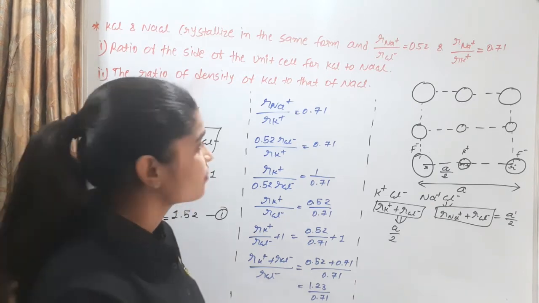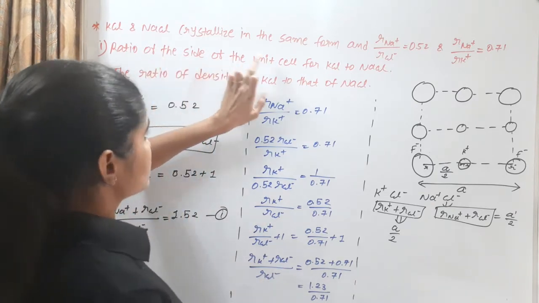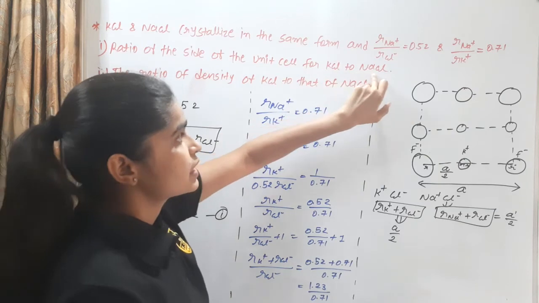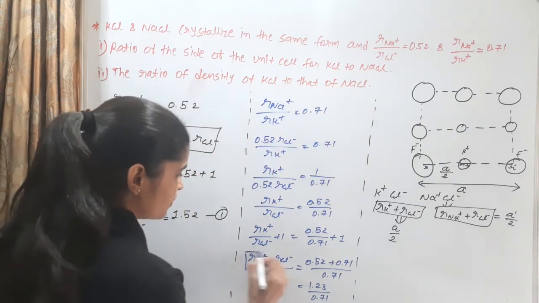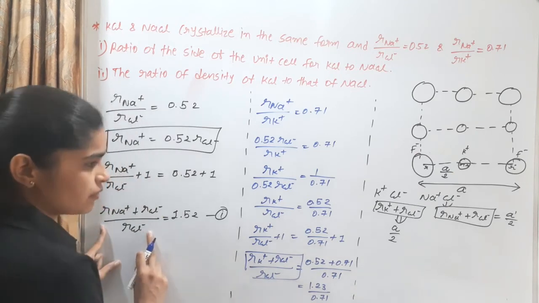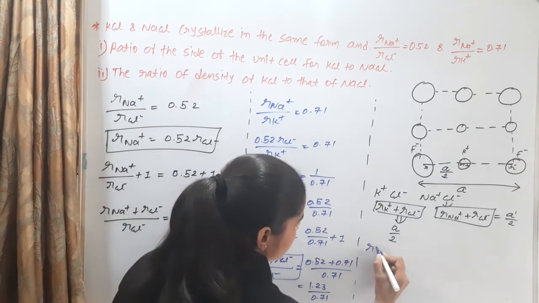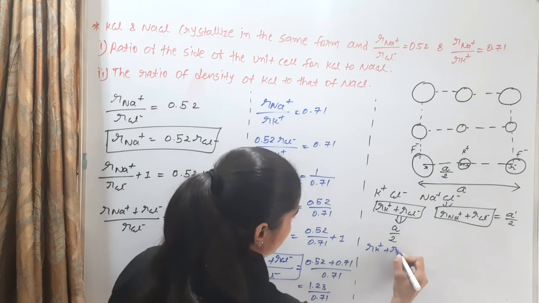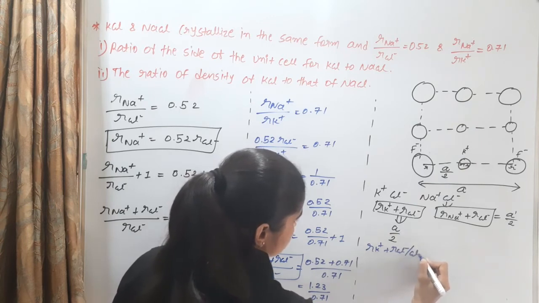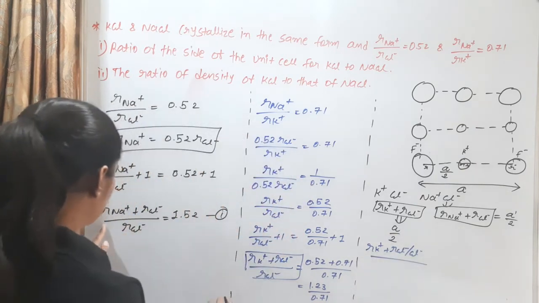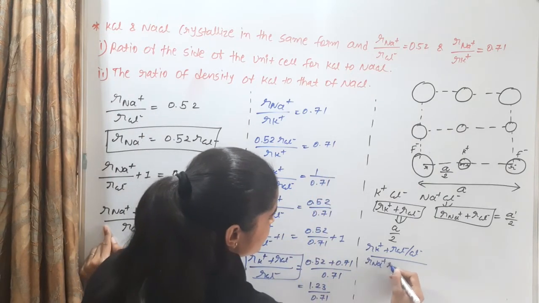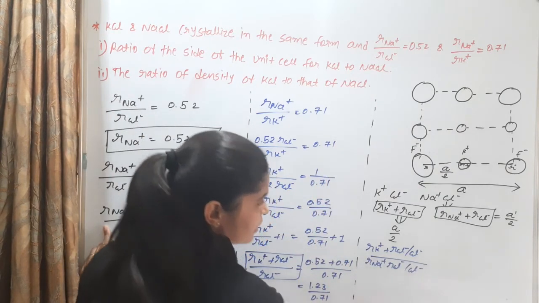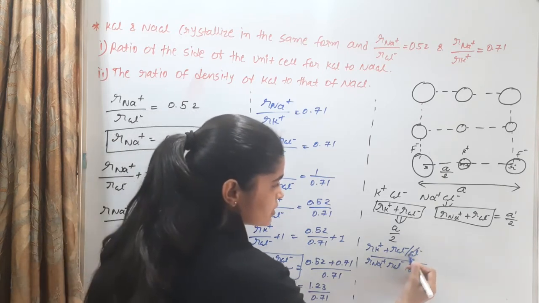Next we find the ratio of the side of the unit cell for KCl to NaCl. This is the KCl value and this is the NaCl value. So (r_K+ plus r_Cl-) divided by (r_Na+ plus r_Cl-), the r_Cl- cancels out.